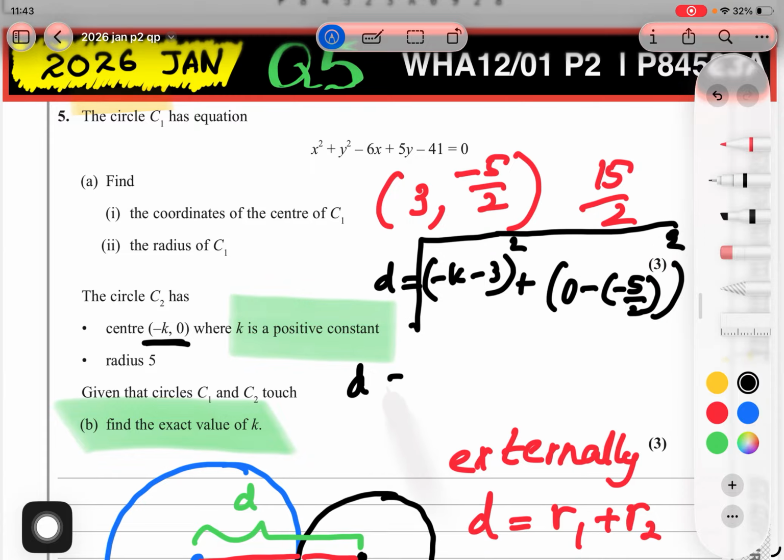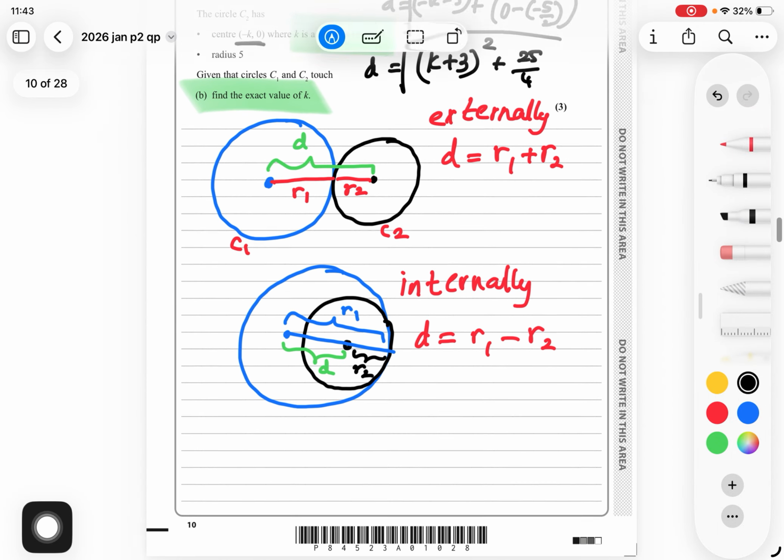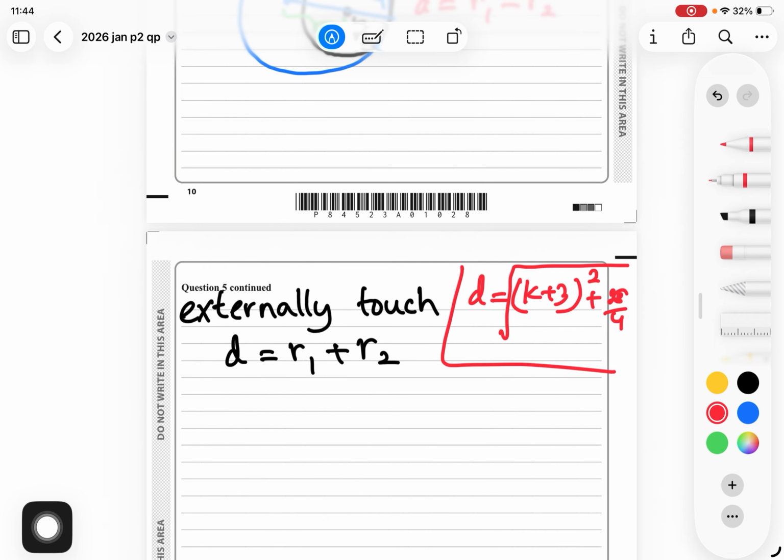So d is going to be k plus 3 whole thing squared plus 25 divided by 4, root. Okay, so we have our d. Let's write the d somewhere so that it will be easy. D is going to be the root of k plus 3 whole thing squared plus 25 divided by 4.